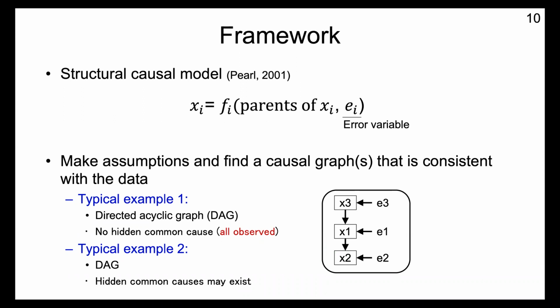This means that all the common causes are measured or observed. And the second example also assumes a directed acyclic graph of observed variables and hidden common causes, but with the assumption that there may be hidden common causes.